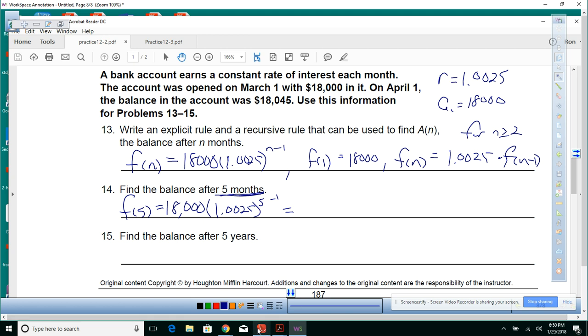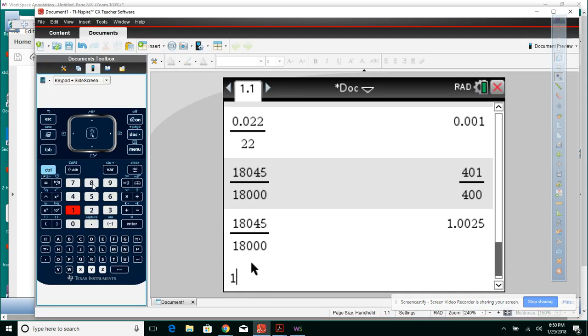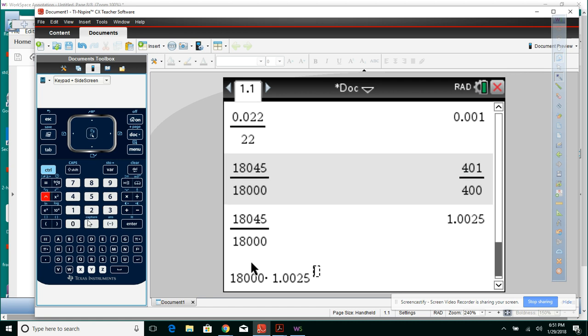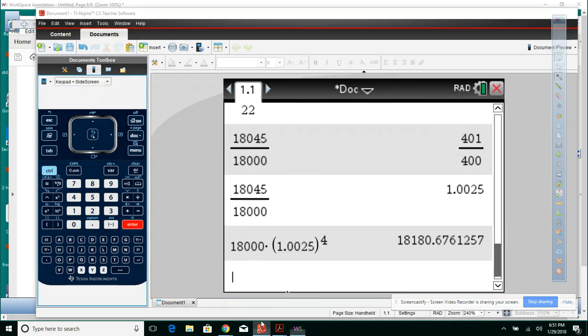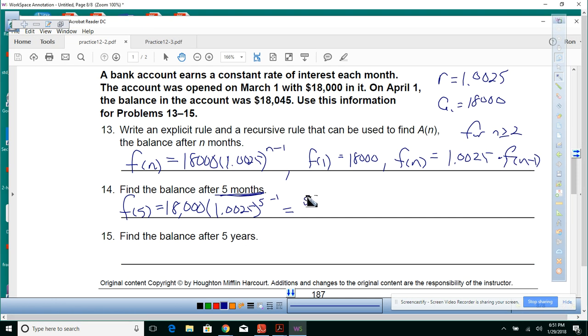Let's try that. 18,000 times 1.0025 caret, and that was 5 minus 1, so we'll just put 4 there. And then we get $18,180, and we got to round up 68 cents. So we got $18,180.68.